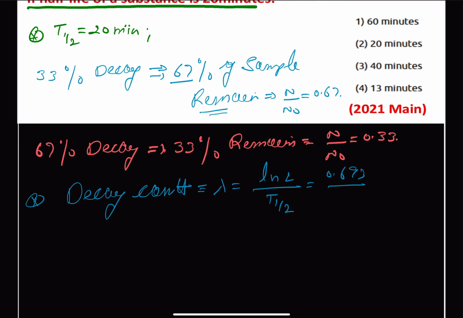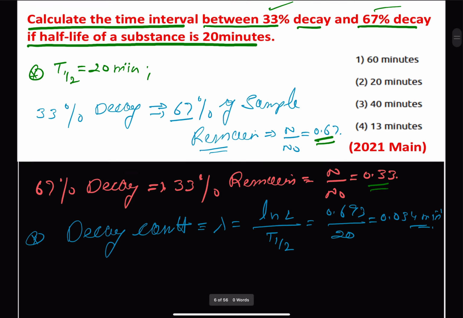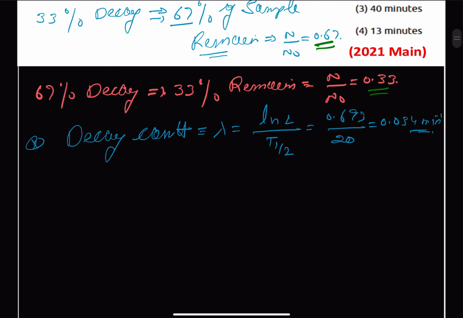T half is given to us as 20 minutes, so this comes as 0.034 per minute. And now we have two values of n upon n naught. One is 0.67, another one is 0.33. Let's find out one by one for each. So we start with the 67%.